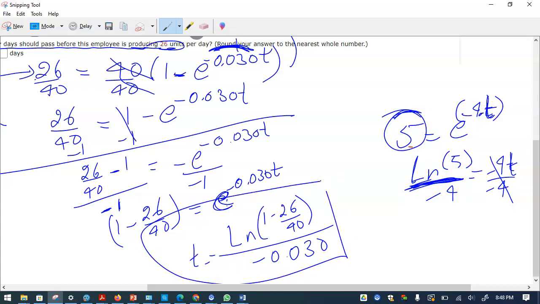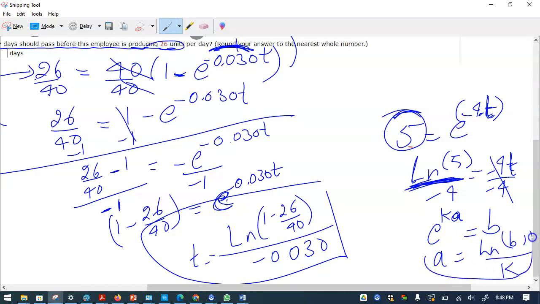Directly you can use this trick, or you can remember it like this: if I have e raised to k of a equals b, and you want to find a, then a equals ln of b divided by k. So a lot of shortcuts are there, but if you get confused, I would just go according to this.